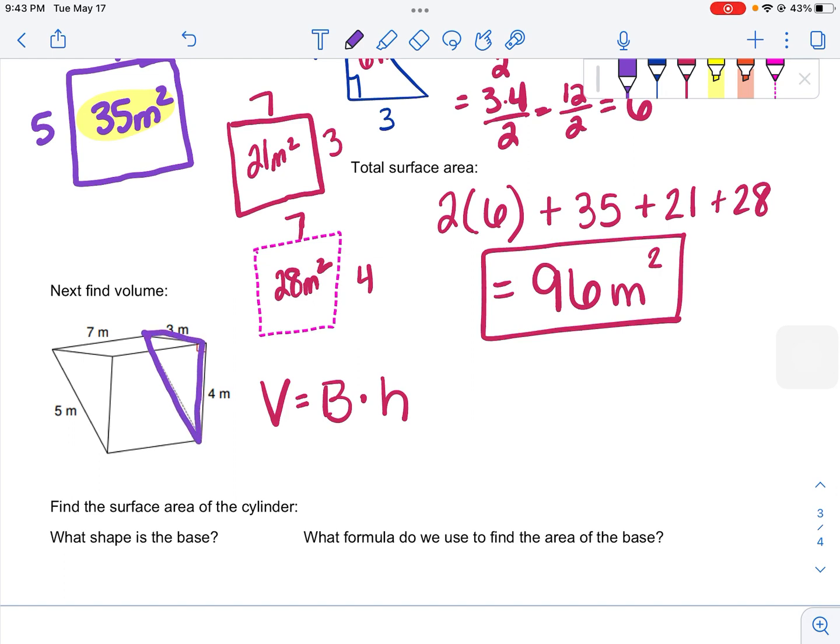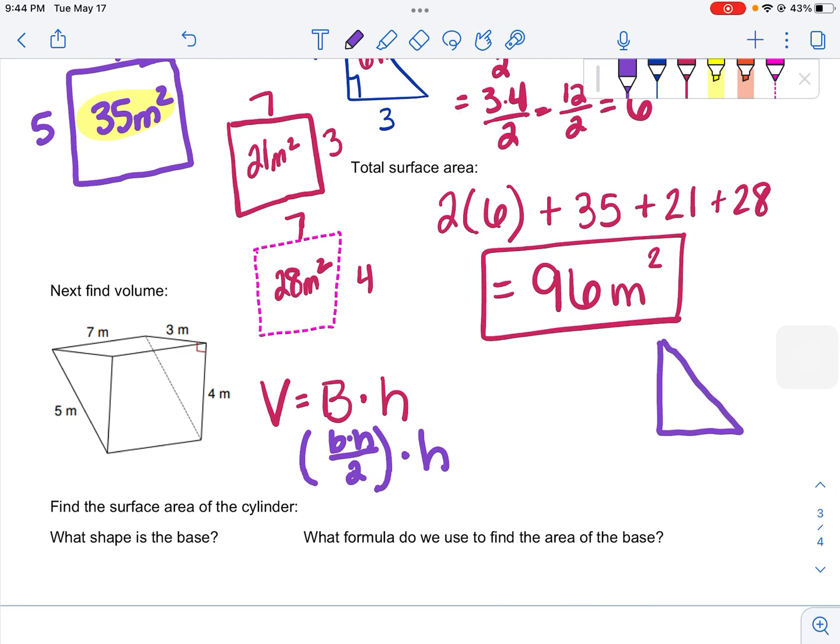So the area of the base is going to be base times height divided by 2 of just the triangle, and then we're going to multiply it by the height of the shape. And so we're going to take that area of that triangle that we had originally found, the base, which was 3 by 4. And so we did 3 times 4 is 12 divided by 2. We got an area of that base to be 6.